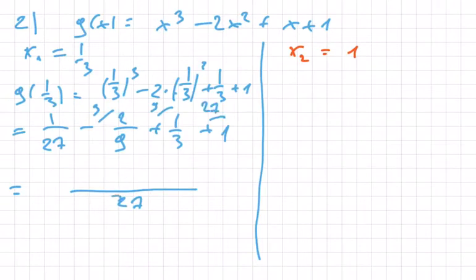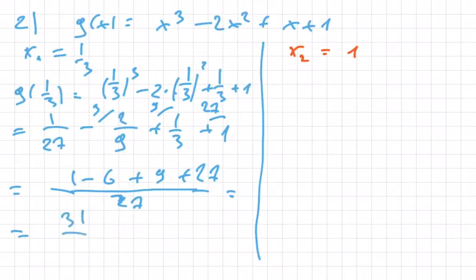Common denominator is 27. Okay, 1 subtract 3 multiplied by 2 is 6, plus 9 multiplied by 1 is 9, and plus 27, and we get negative 5. Negative 5 plus 9 is 4. 4 plus 27 is 31.